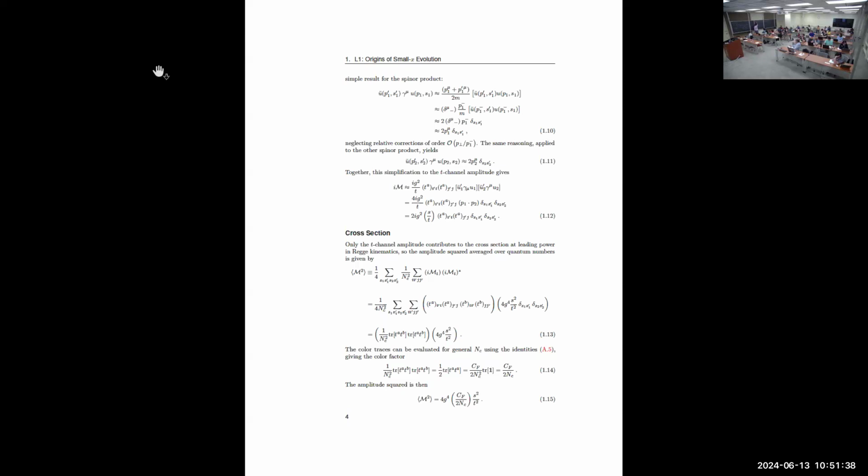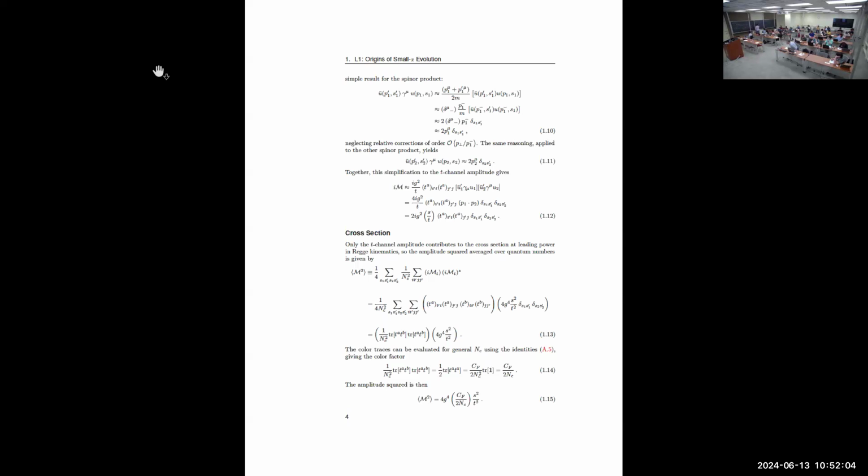So p squared equals m squared, and I want to know what that tells me in terms of my light front coordinates. Well, I have to expand my dot product. If I have a product of two vectors in Minkowski coordinates, this is p0 q0 minus p dot q. I could take these equations and solve for p0 in terms of p plus plus p minus, or p3 in terms of p plus minus p minus.